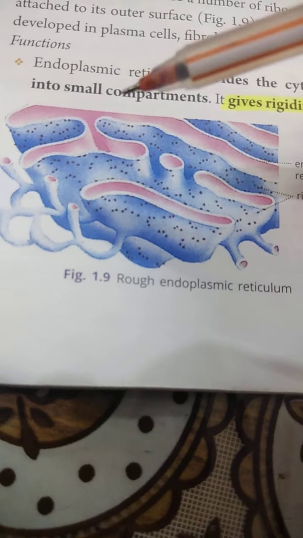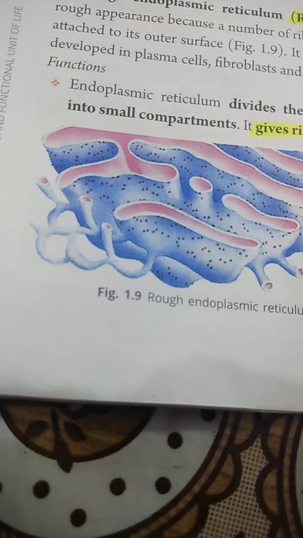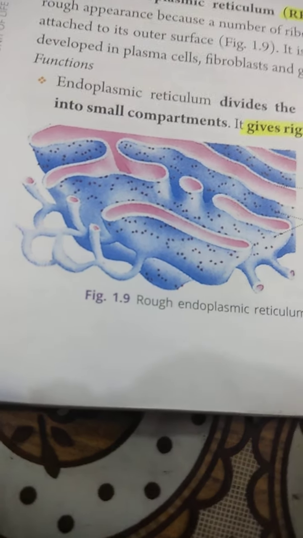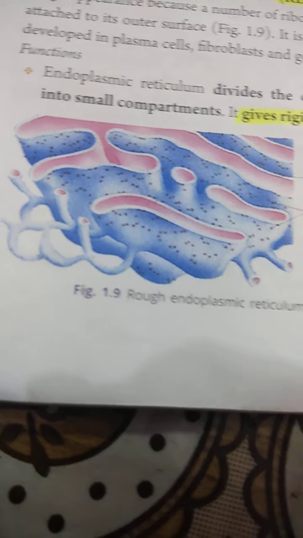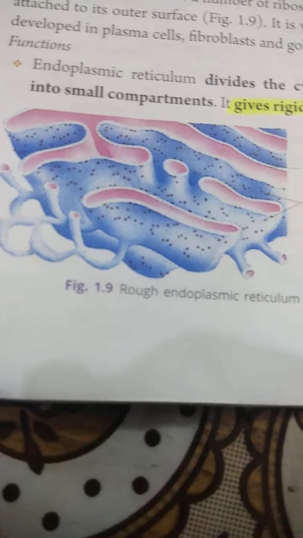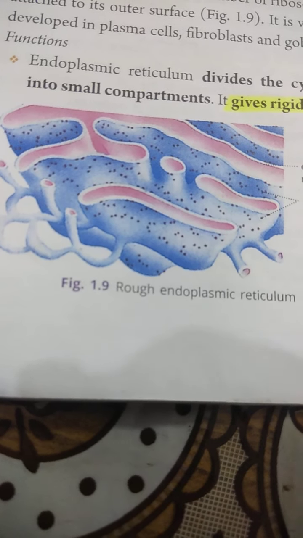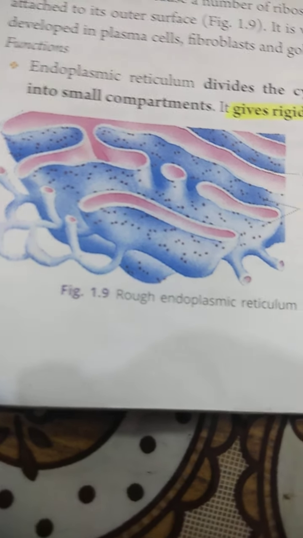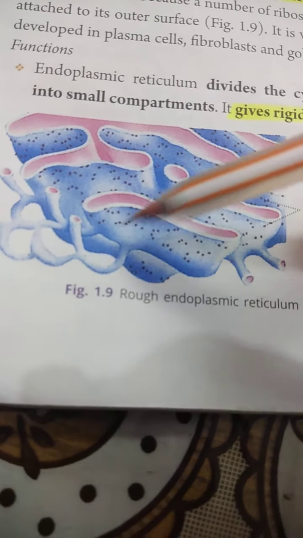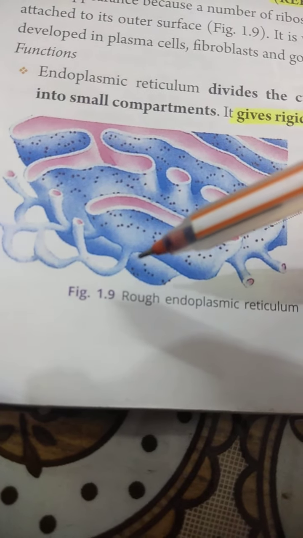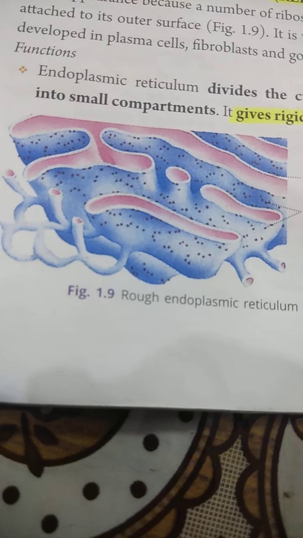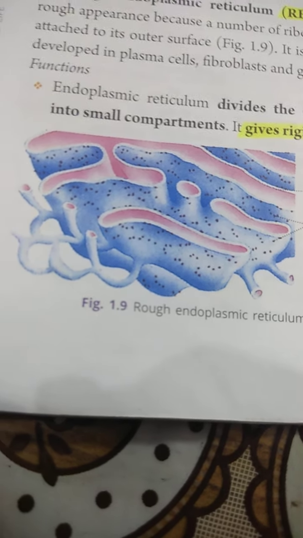If it is a cell, one end is attached to the cell membrane, and the other end of this endoplasmic reticulum is attached to the nuclear membrane. So the outer end is attached to the cell membrane, and the inner end is attached to the nuclear membrane.